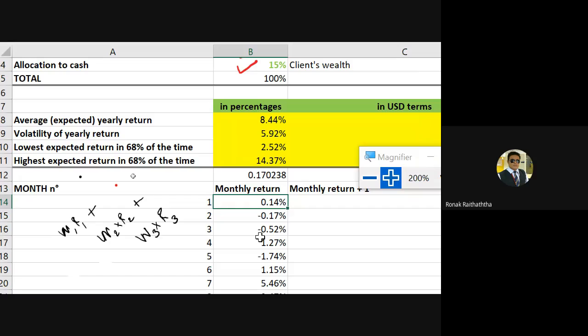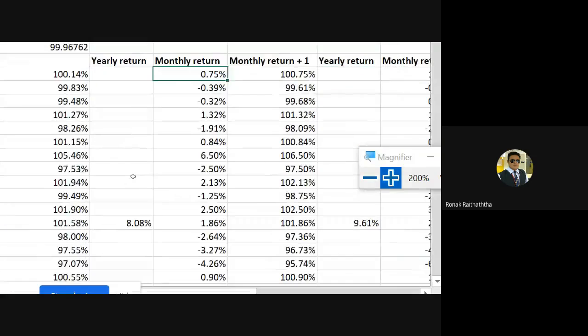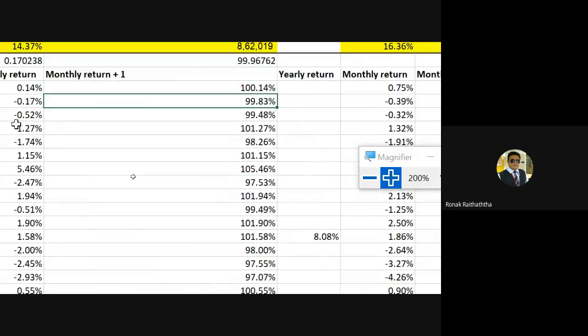So you get the portfolio return for that month, because each and every asset class needs to be given a specific percentage of the weight in terms of return, right? So if you add these three, you get the monthly return, and from those monthly returns on a compounding basis, we had found the yearly returns too. And the procedure to find the yearly return was very simple.